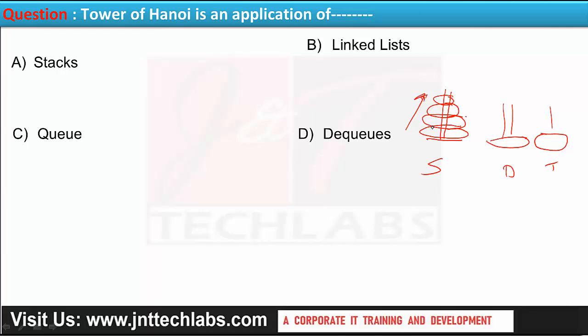At any stage, no larger disk should be above a smaller disk. You should not keep a big disk on a small disk. That is the condition. So which type of data structure will be helpful to us, right?